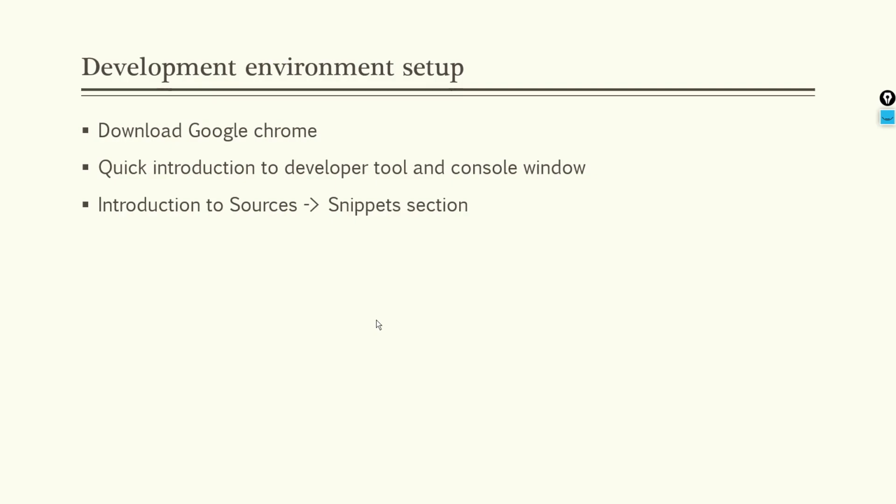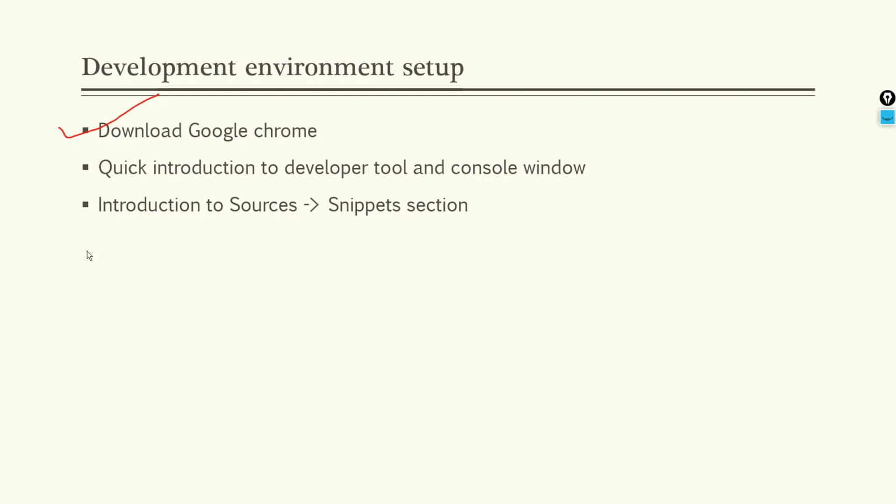For learning JavaScript, my recommendation would be to go with Google Chrome, because the kind of tool and interface that Google Chrome gives is very friendly to developers. So I would recommend you all to download Google Chrome.